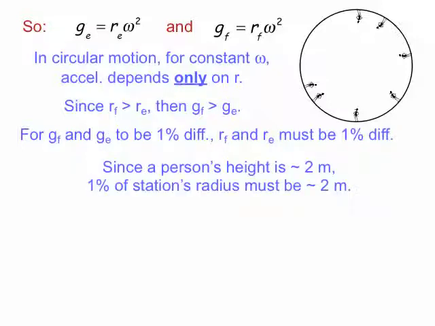So since a person has a height of 2 meters, average, that means that we have to have a radius where 1% is 2 meters. Which means our minimum radius for our space station, if we're going to simulate Earth's gravity up there, is 200 meters.